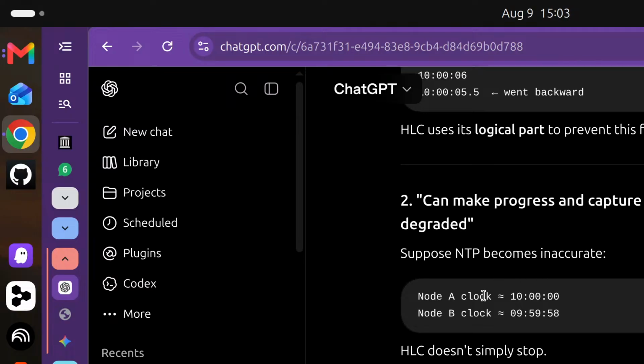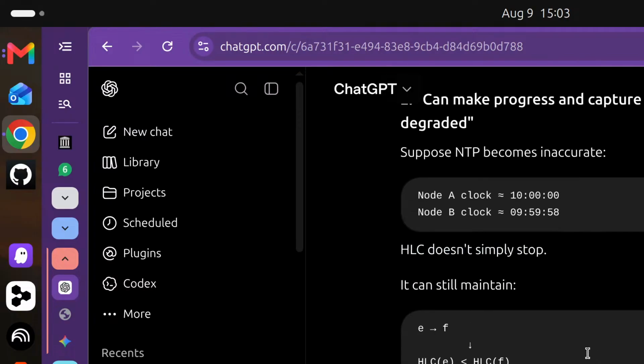Suppose node A's clock is 10 and node B's clock is like 2 milliseconds behind. HLC does not simply stop here. It can still maintain the E happens before F relationship, so it can continue processing events and preserve the cause and effect information.